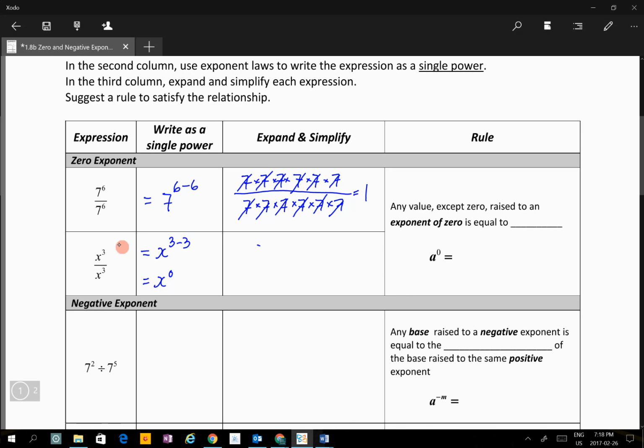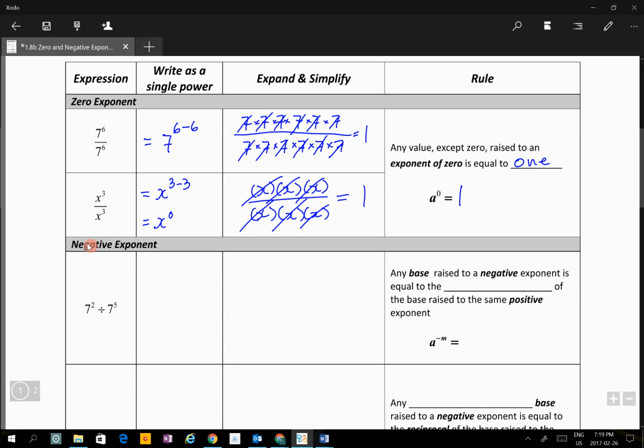Same idea: if I have x times x times x in the top divided by x times x times x in the bottom, all of these cancel each other out. They're all being multiplied, so they all cancel the top and the bottom, and I'm left with 1 over 1, which is just 1. So it turns out that any value except 0 raised to an exponent of 0 is equal to 1. So any base raised to an exponent of 0 will always equal 1.